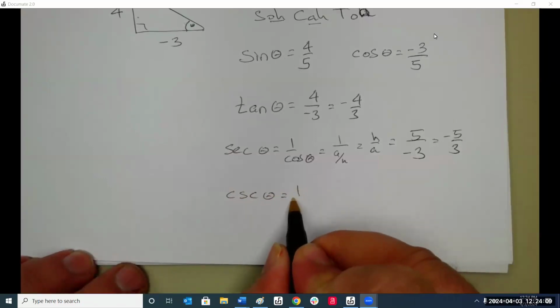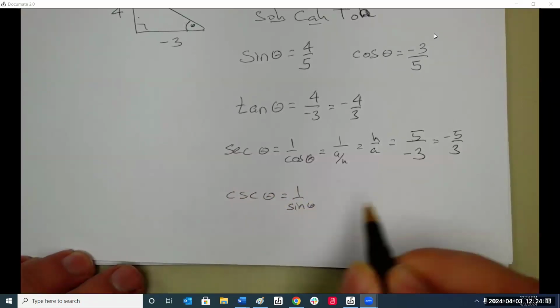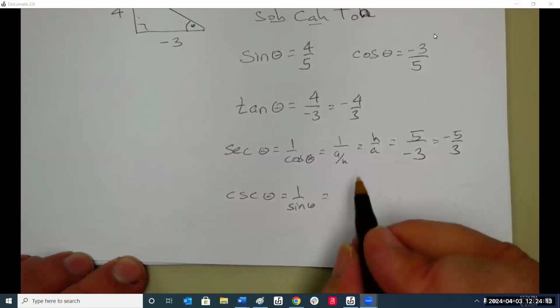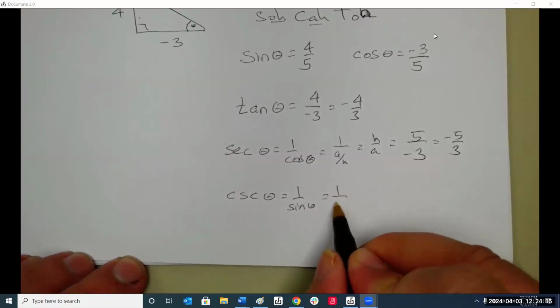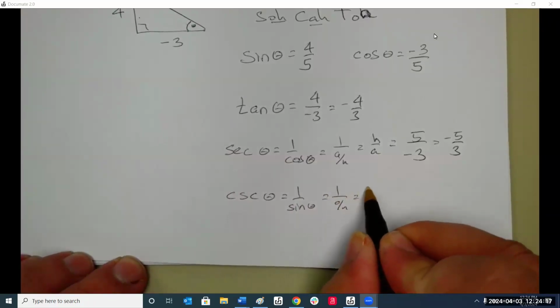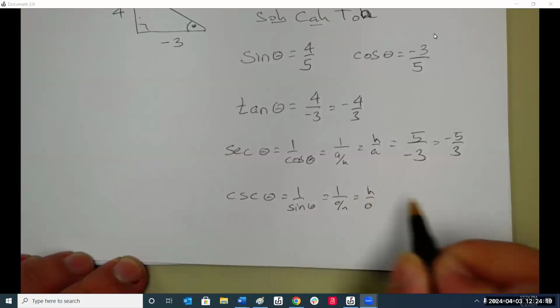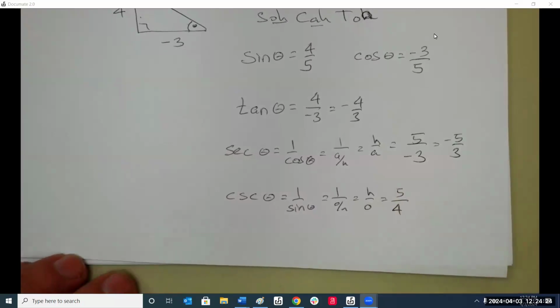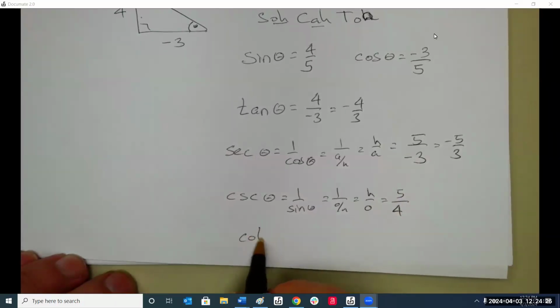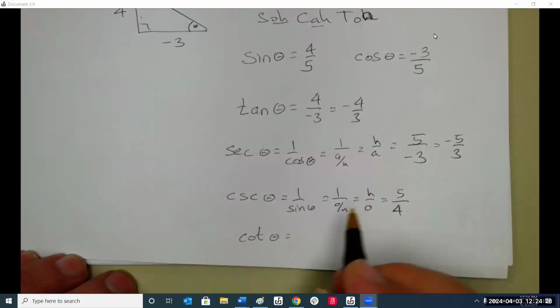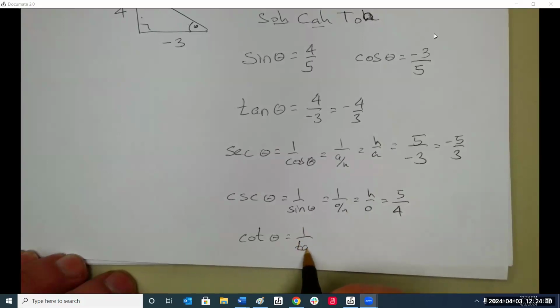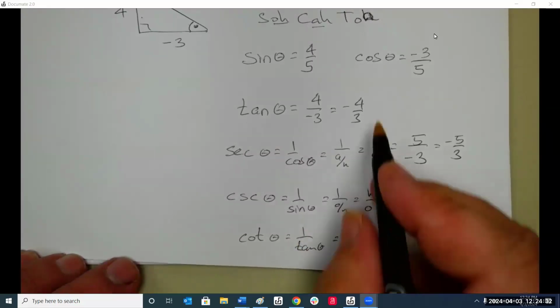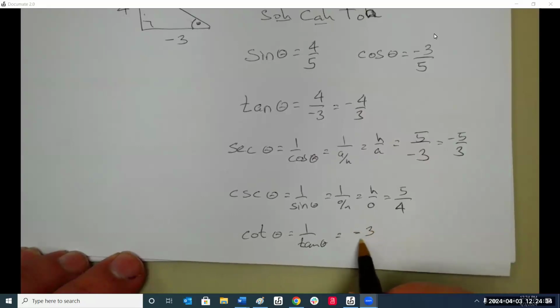Cosecant is 1 over sine, which is 1 over opposite over hypotenuse, which makes it hypotenuse over opposite, 5 over 4. And cotangent is simply the reciprocal of tangent. It's going to be -3 over 4.